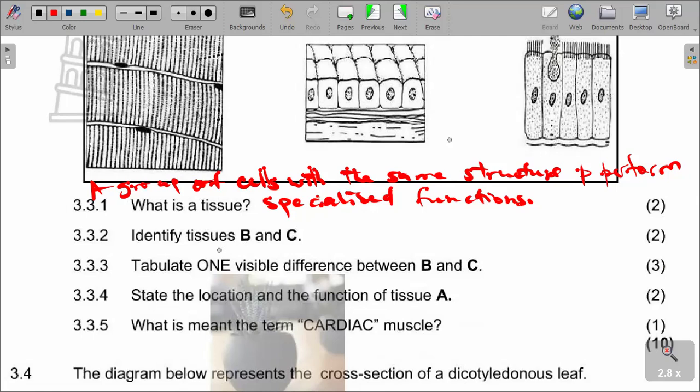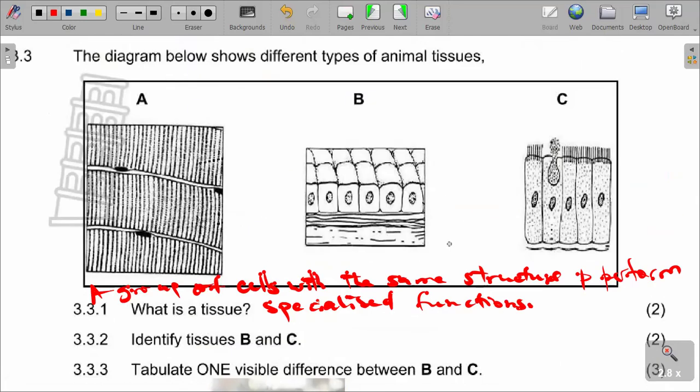Identify tissues B and C. If you can see, B is an epithelium. And then C is a ciliated columnar epithelium.